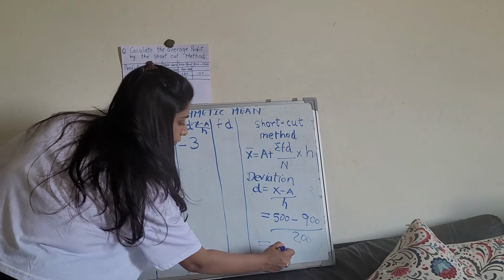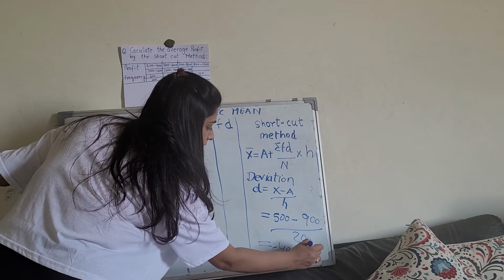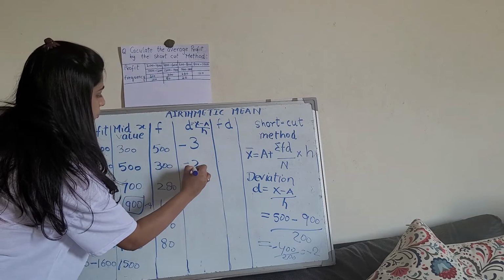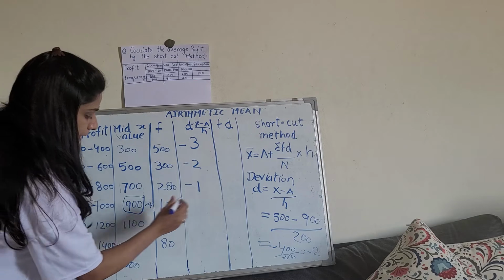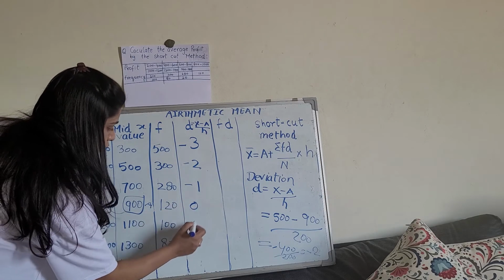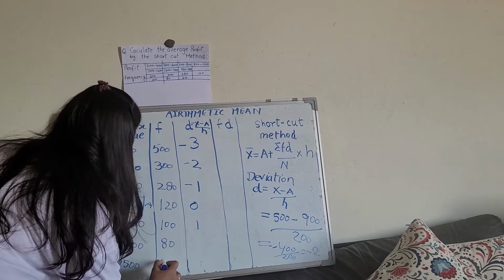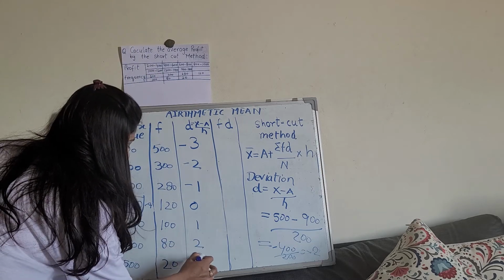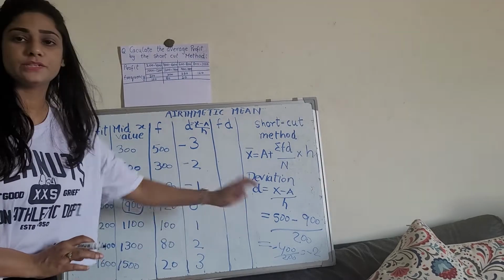So it will be minus 400 divided by 200. So we will get minus 2. In the same way we will find minus 1, and here 0, then 1, then 2 and then 3. Fine, so we calculated the deviations by this formula.